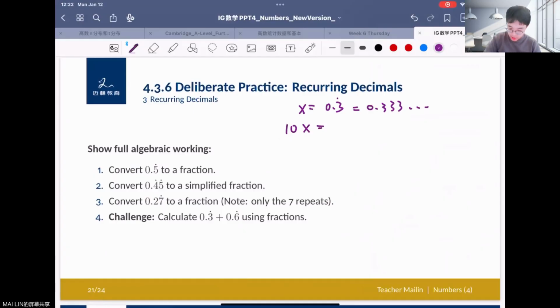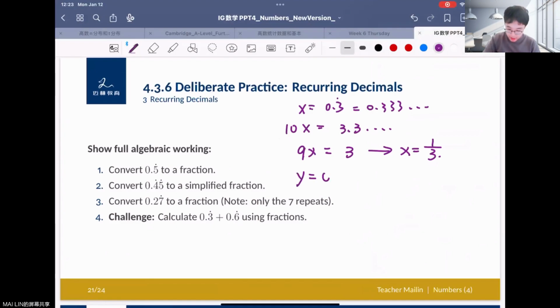So 10x equals 3.3, a lot of 3s after this. Then 10x minus x equals 9x equals 3. So x equals 1 over 3. That's for 0.3 recurring.